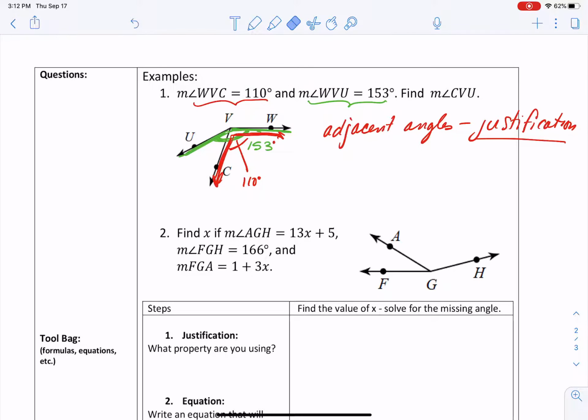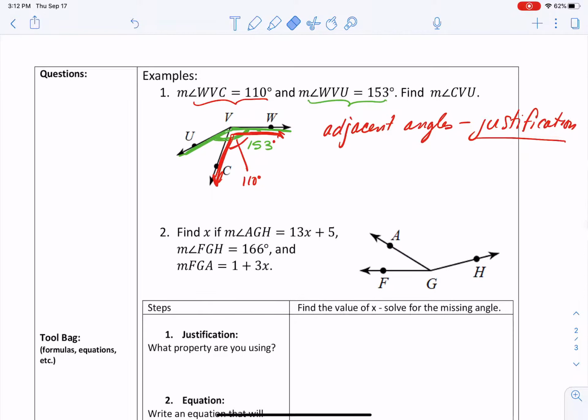So then, that means that the measure of angle WVU equals the measure of angle WVC plus the measure of angle CVU. So WVU, we know, is 153.